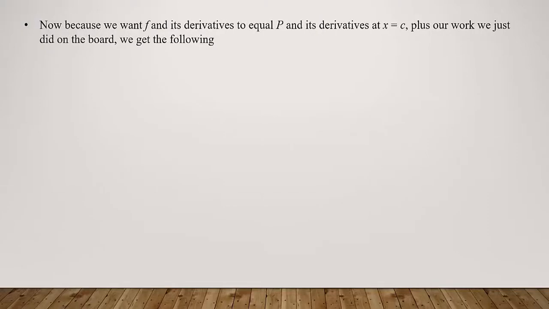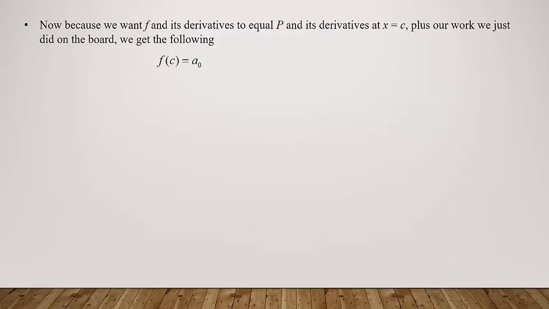All right, so hopefully you wrote in your notes what I did on the chalkboard, because we want f and its derivatives to equal p and its derivatives at x equals c. That fact plus the work we just did on the chalkboard allows us to solve for each of those coefficients, a sub 0, a sub 1, a sub 2, a sub 3, etc., a sub n.